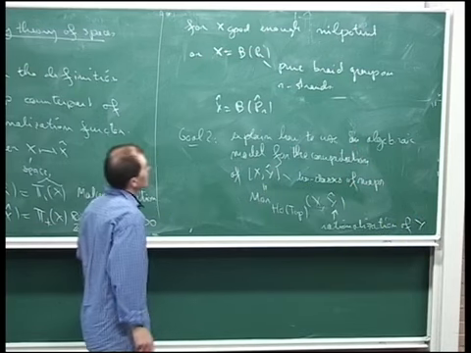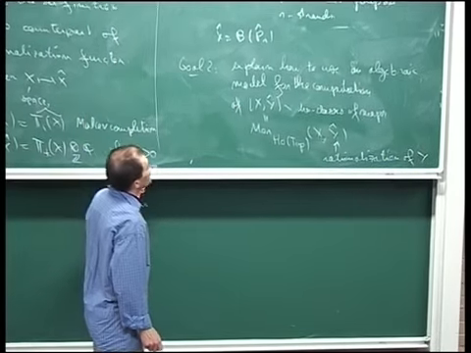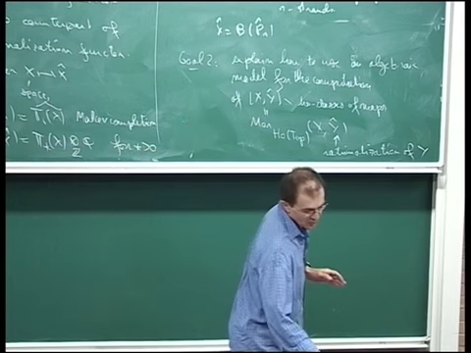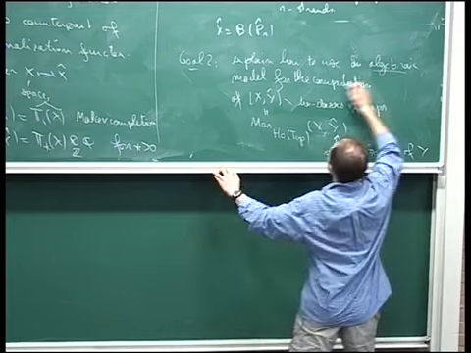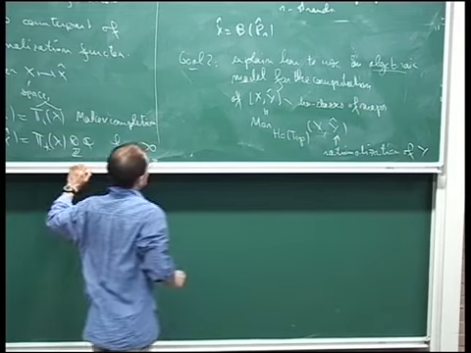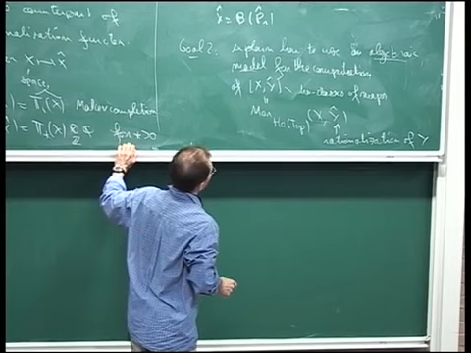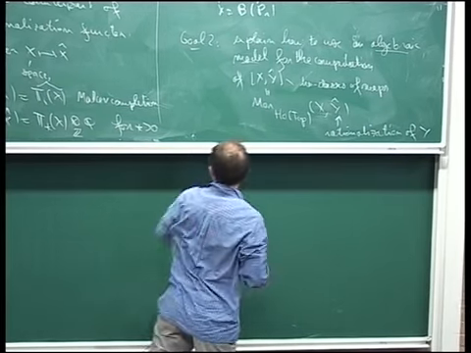And the byproduct is the existence of this model, the Sullivan model, gives some kind of qualitative results on homotopy automorphism groups of spaces.